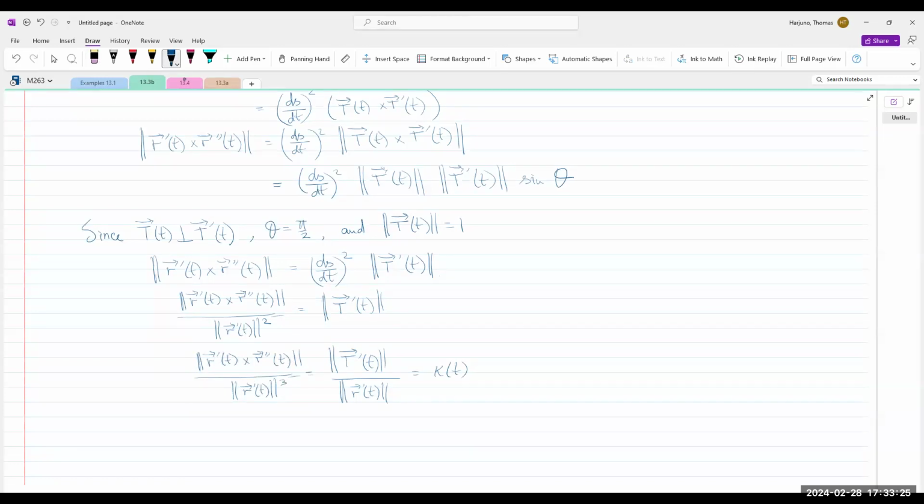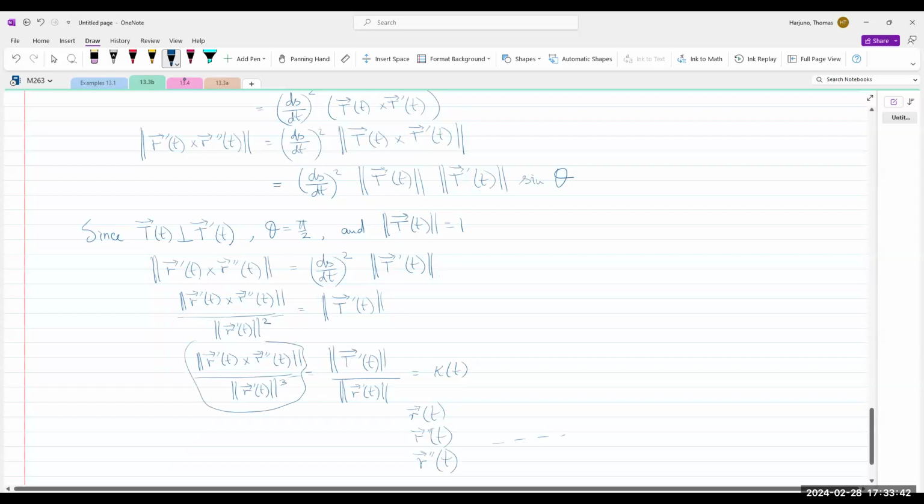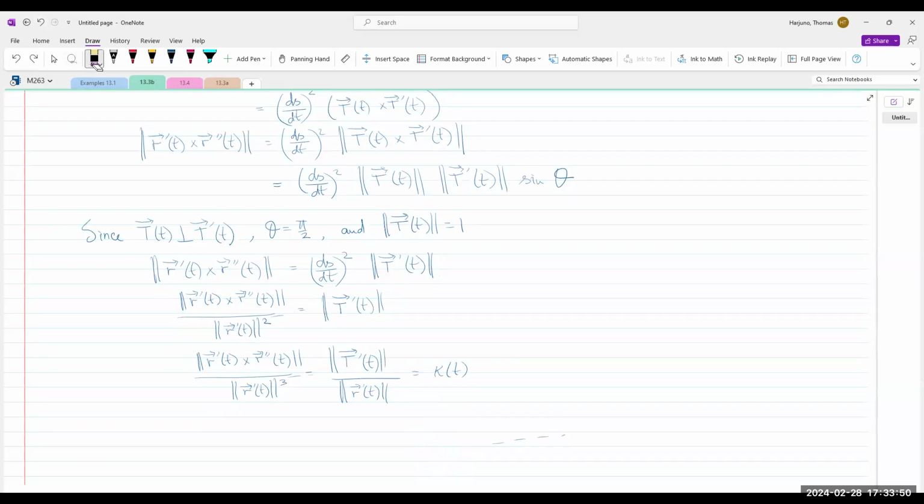Now, this formula is very applicable because, basically, once you have r of t, you just keep on doing r prime t and r double prime t, and then you can work out the curvature already using this. Okay, in fact, our textbook also mentioned what happens if you have only 2 dimensions.